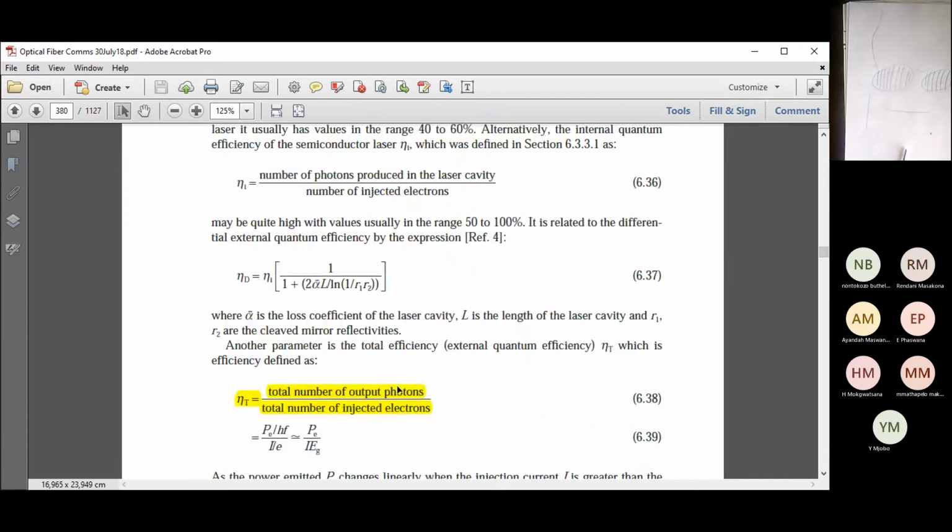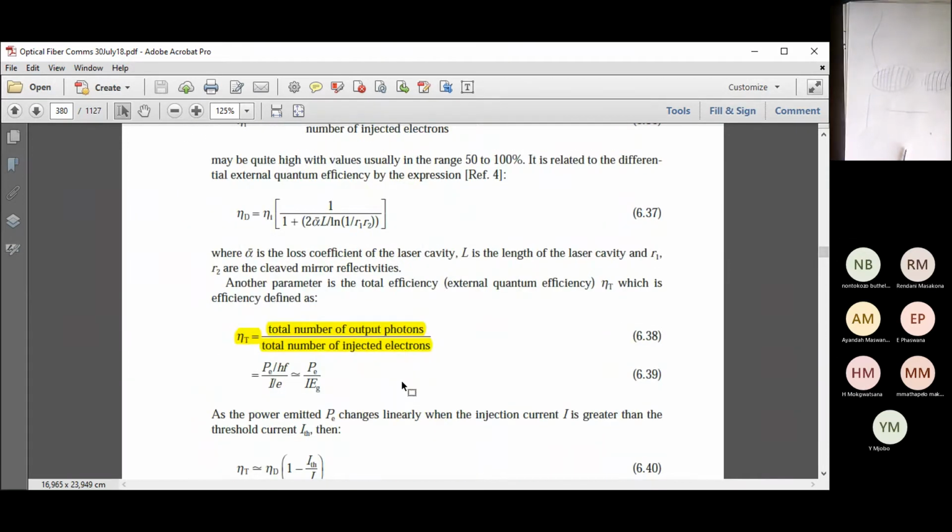Now I'm coming to something here. The quantum efficiency is the total number of output photons over the number of injected electrons, not photons.